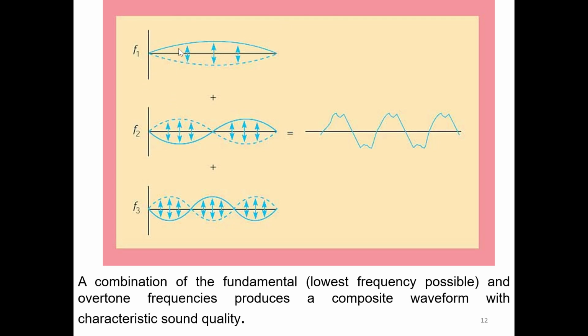If we have more than one antinode, then this is called overtone frequencies. And when people make music, they combine the fundamental frequency with the overtones, and then they can get a characteristic sound, like music sound.